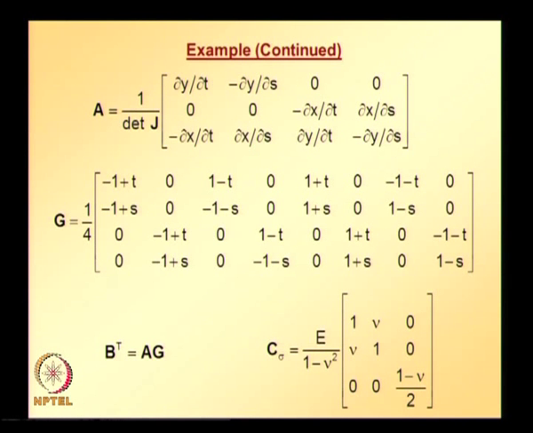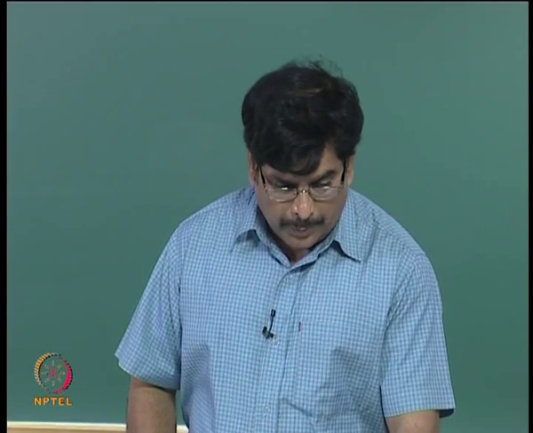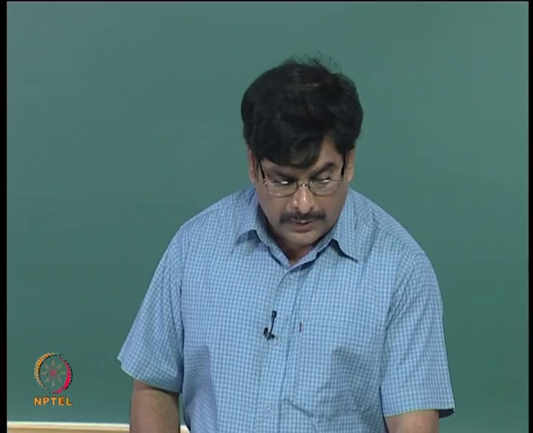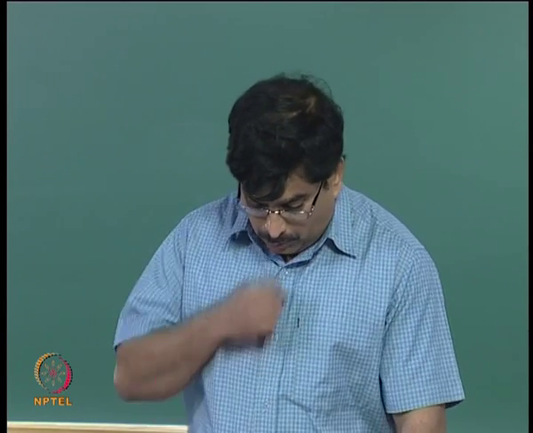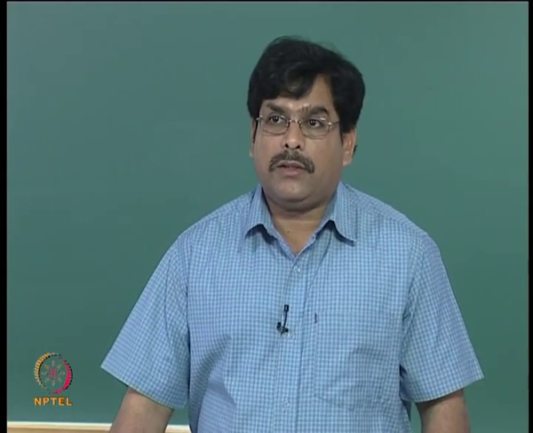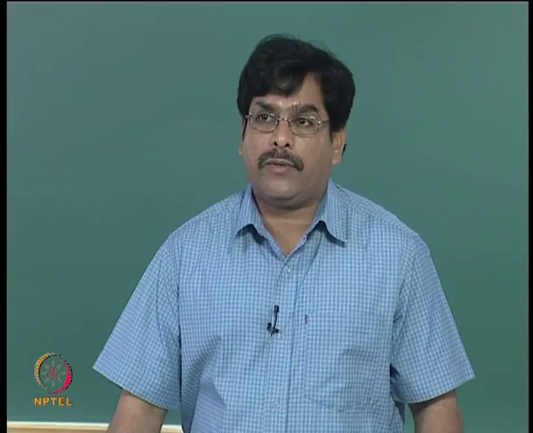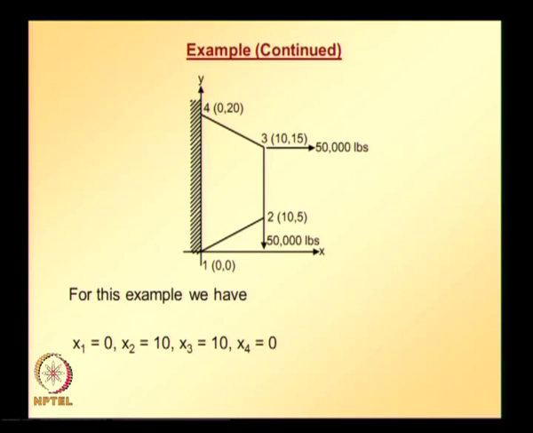We evaluate all these quantities at each integration point, and then, depending on the number of integration points, evaluate the integrand at each integration point, multiply with the corresponding weight and sum it up. We are going to get the approximate value of the entire stiffness matrix.